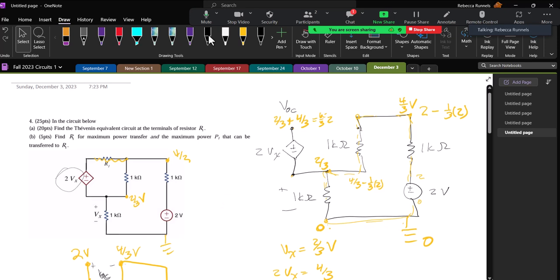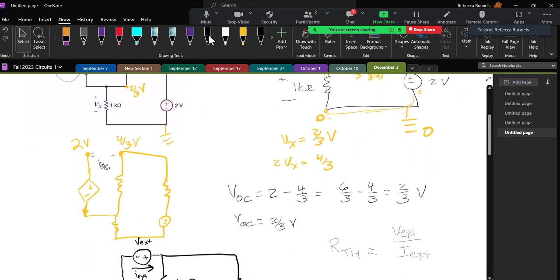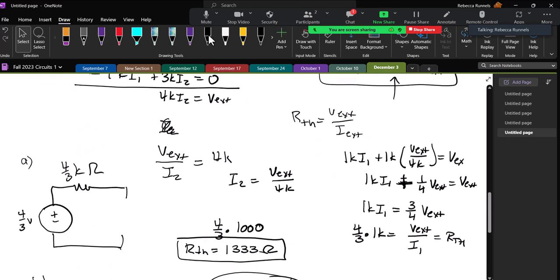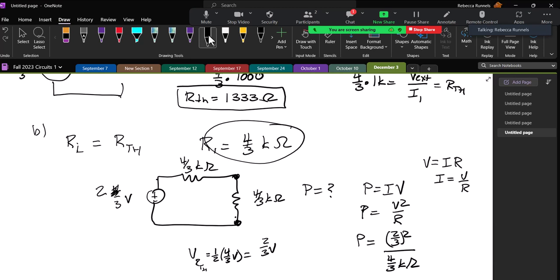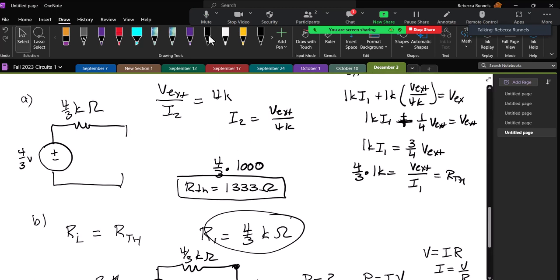V open circuit was 2/3. So V open circuit was 2/3. This was supposed to be 2/3. And so in my Thevenin equivalent circuit, that was supposed to be 2/3.